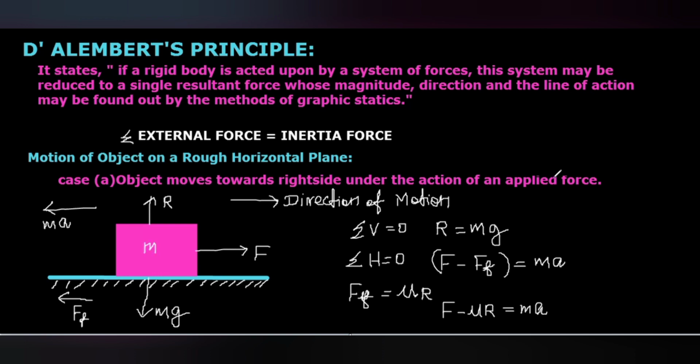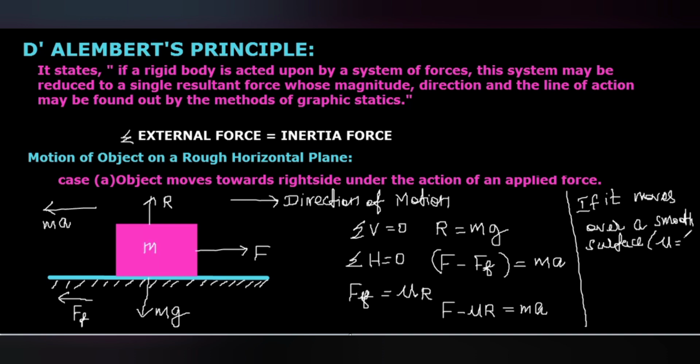Here, in case the object moves over a smooth surface, then mu equals 0, and hence the frictional force will be 0.